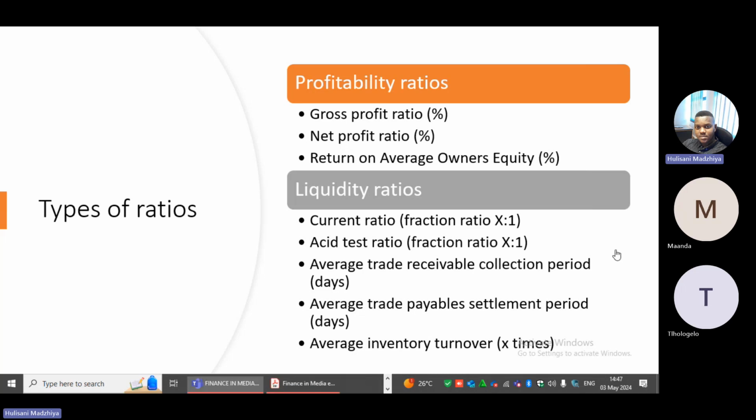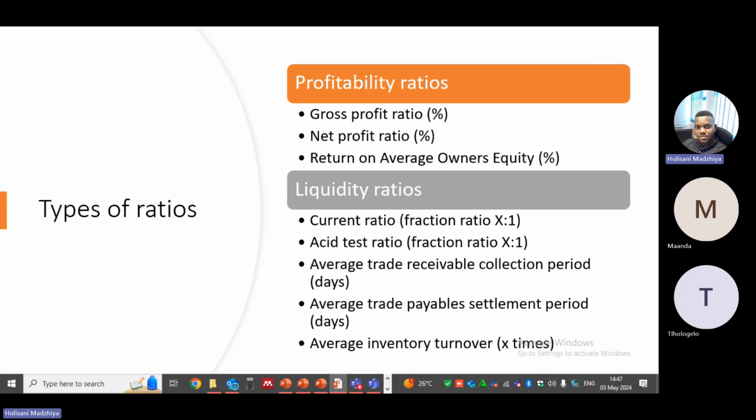I am actually back, guys. Let's continue. Here we'll be talking about types of ratios that are used to evaluate. We're not going to focus on all; there are a number of ratios that we normally do.